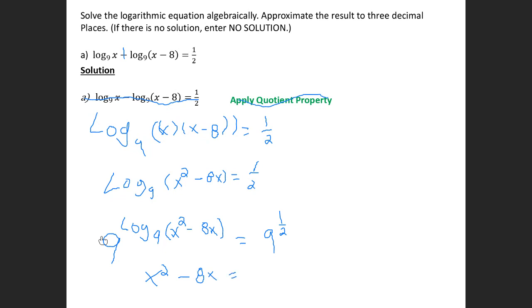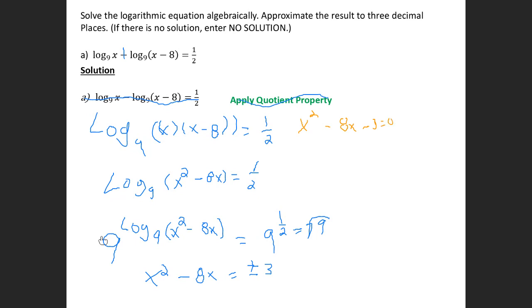And then we know that 9 to the 1/2 can be rewritten as the square root of 9, and the square root of 9 would be plus or minus 3. So just like before, we're going to have two answers. So just so we can have different colors here, one of the quadratics is x squared minus 8x, if it's a plus 3, moving it to the other side, minus 3 equals 0.